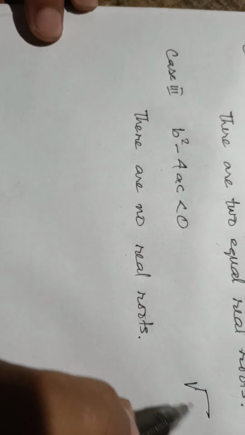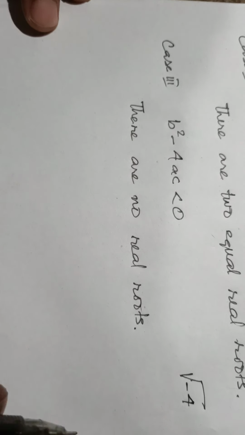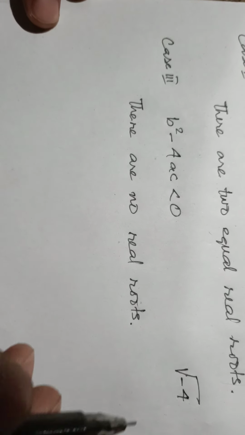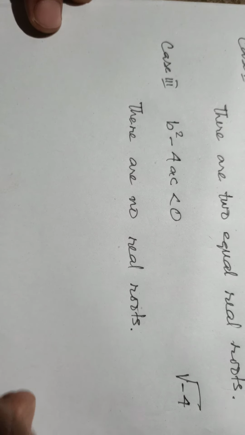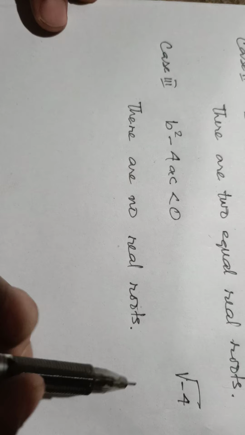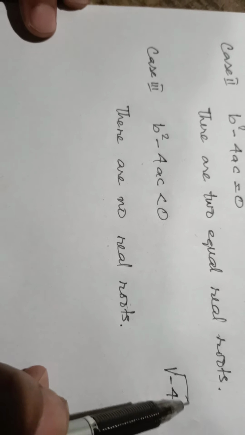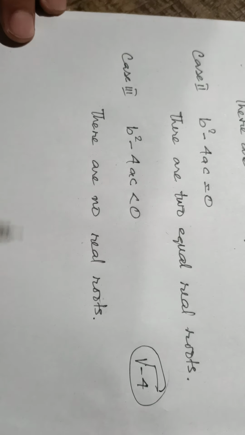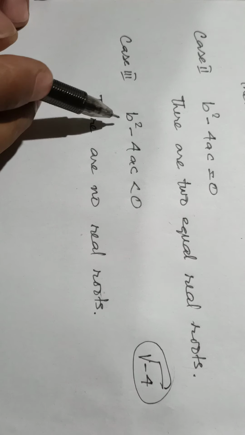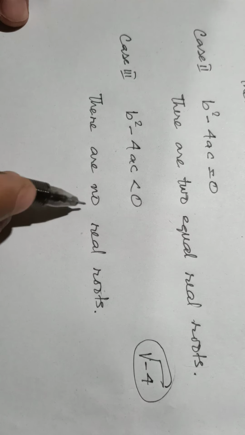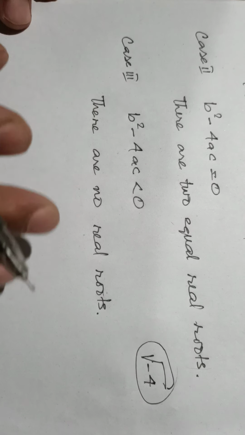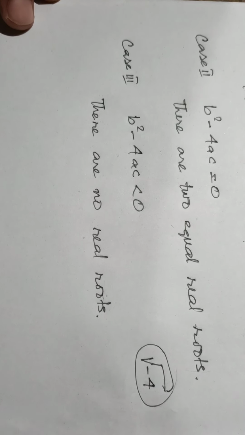For example, √−4 is not 2. So we are going to study these imaginary numbers or unreal roots in your higher classes. As of now we are not going to discuss these unreal roots, so we'll leave this one out. For case 3, there are no real roots, and we will not continue the calculations.